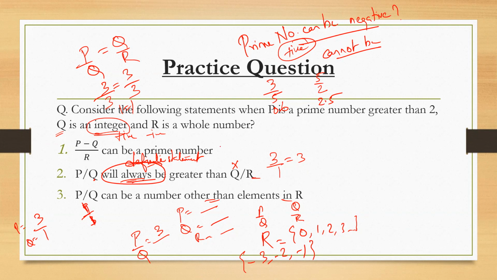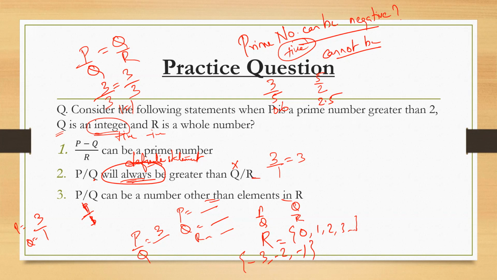So what happened here? See, R it is said is whole number, right? R, I took it as whole numbers. Leaving that, what numbers do you have? Okay, that is the reason. So here that would be negative, or it can be fractions also.